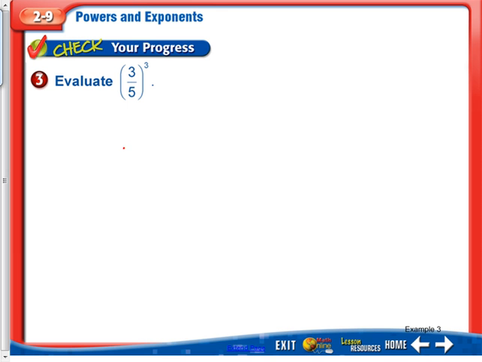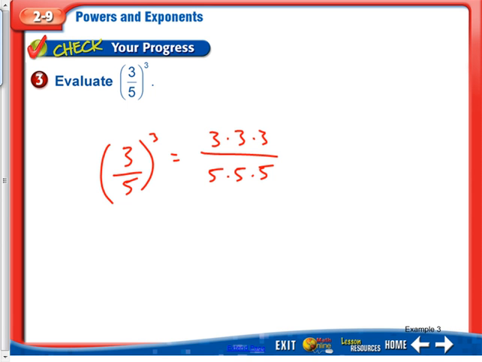Okay, same thing, so 3/5 to the 3rd power. So what that means is 3 times 3 times 3 all over 5 times 5 times 5. All right, and so what we're going to get here is 27, and 5 times 5 is 25 times another 5 is 125.